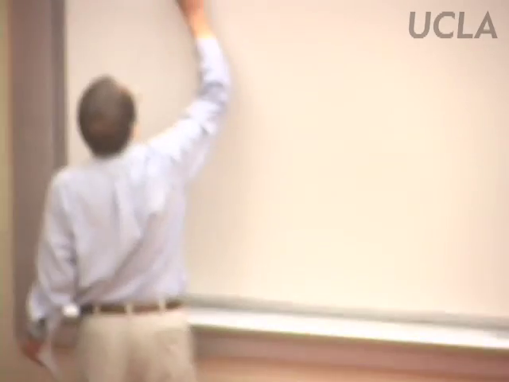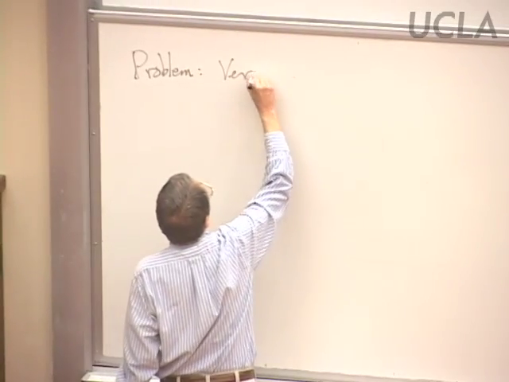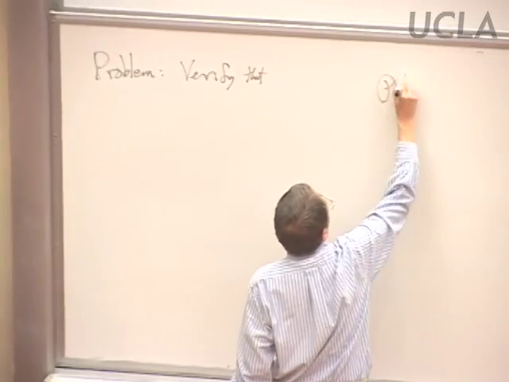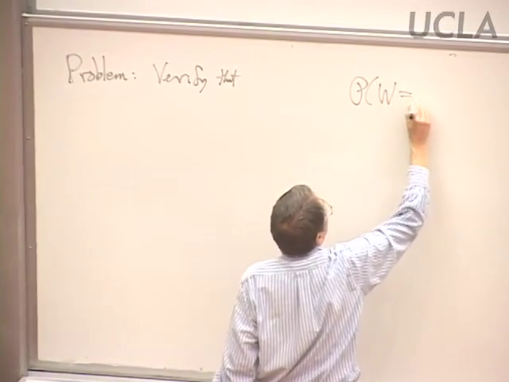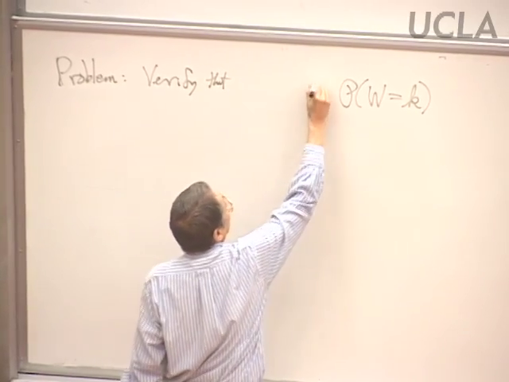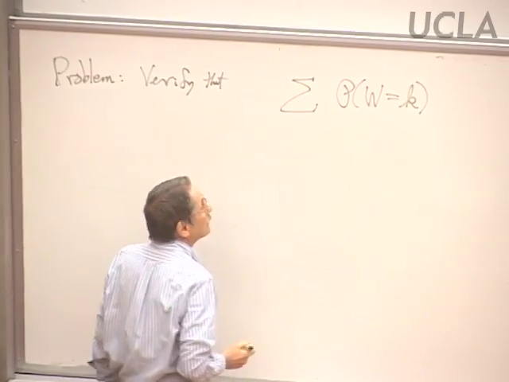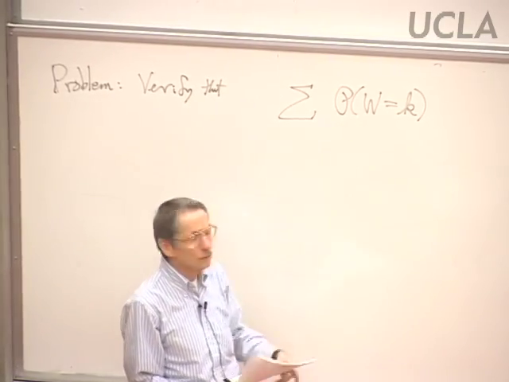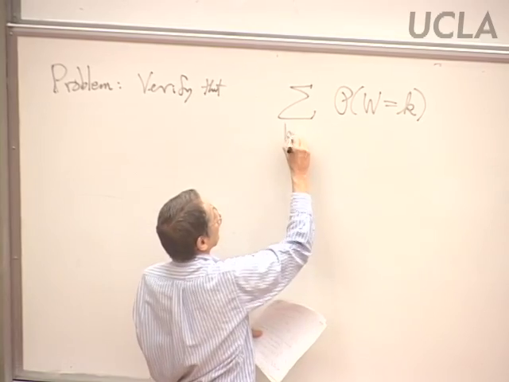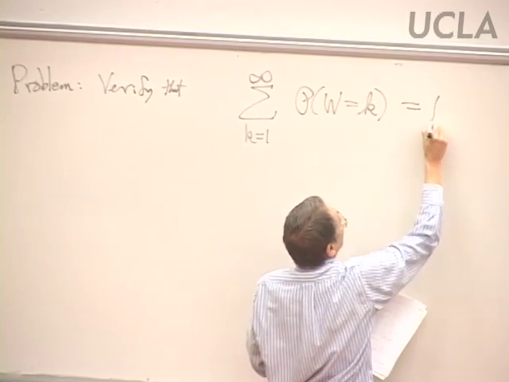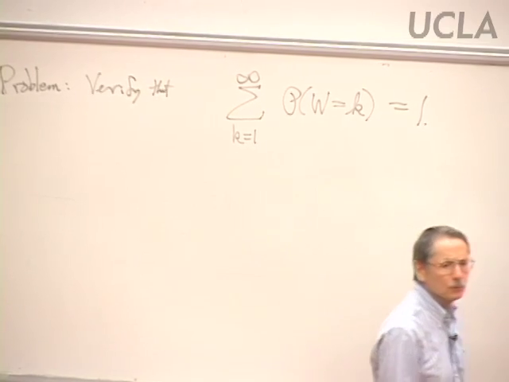It'll be a good warm-up for the next problem. So we want to take, for the geometric distribution, the probability that W is 1 plus the probability that it's 2 and so forth. The smallest it can be is 1. These had better add up to 1.